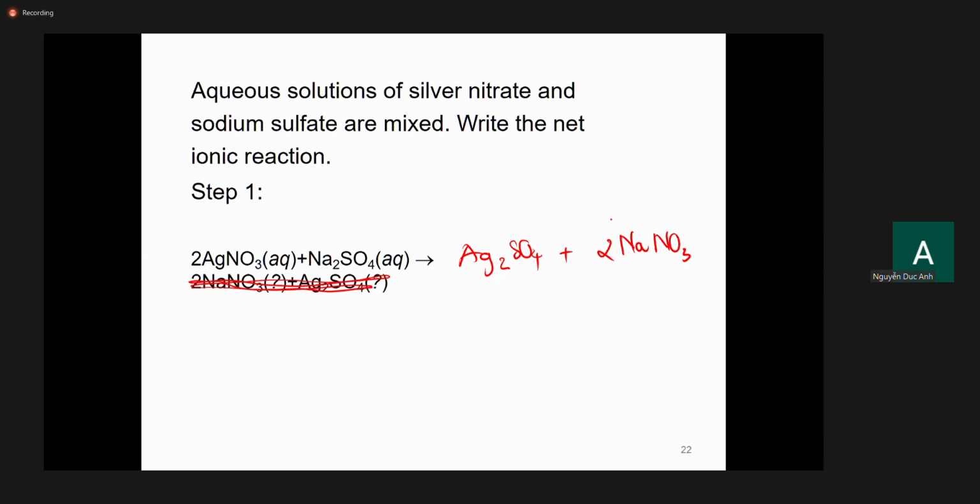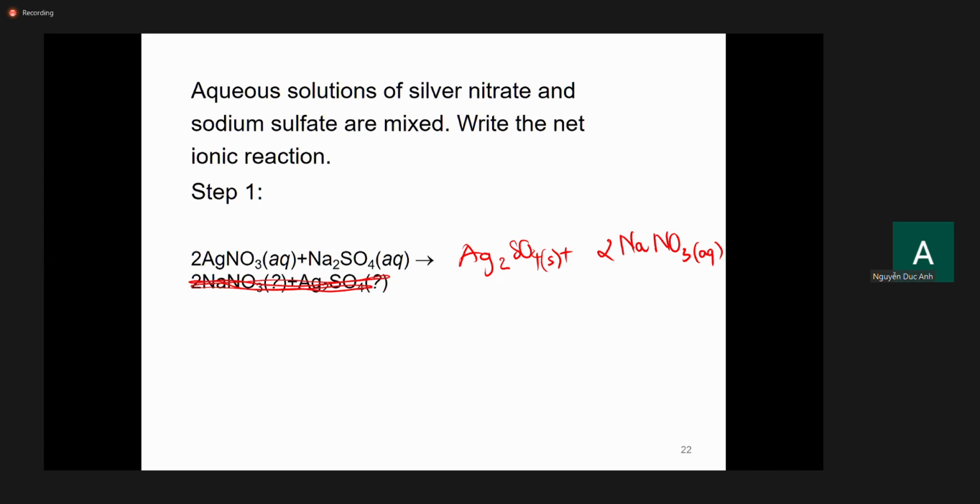The thing is that you have to define the state of the compounds and compare to the solubility tables. We can define that silver sulfate is a solid, an insoluble material, and this one is a soluble material. Okay, so this finishes the first step.